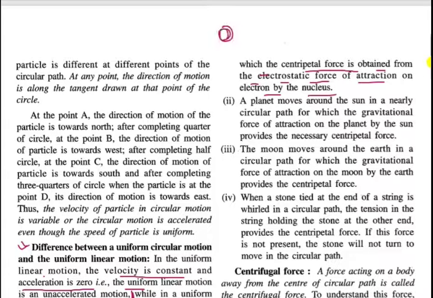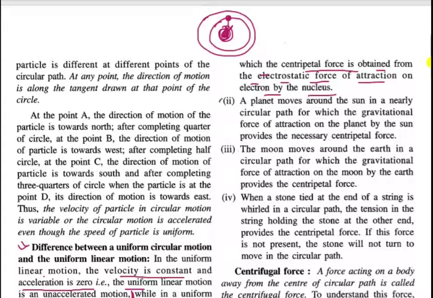See, this is the nucleus and the electrons are moving in the shell. The force acting towards the center keeps the electron moving due to the electrostatic force of attraction. Otherwise, the electron would move away from the circular orbit.